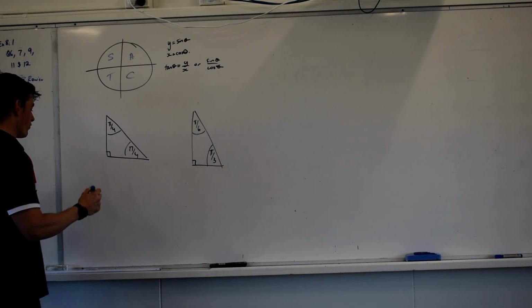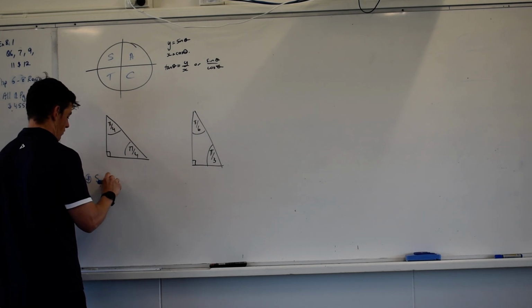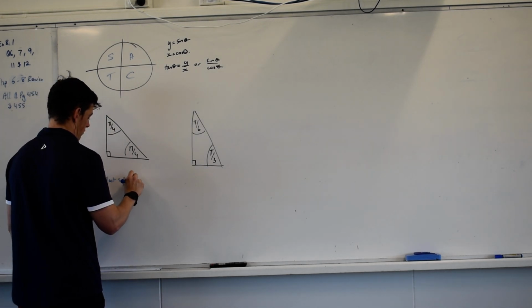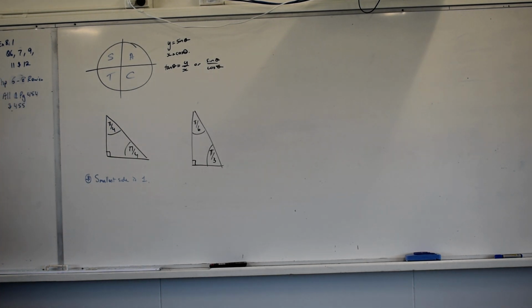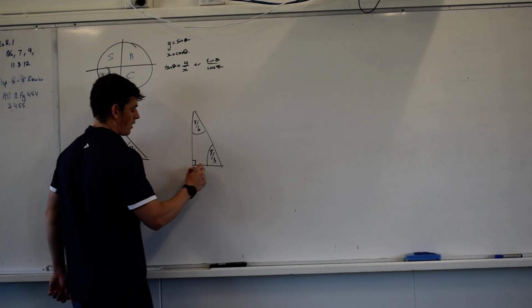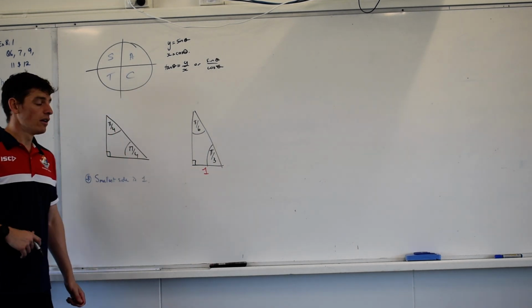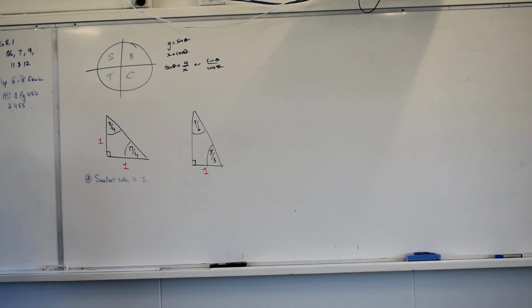That's the first thing we need to rote learn. So a smaller side is 1, which means that on this triangle that's 1, correct? And on this triangle, they're both 1. Cool.